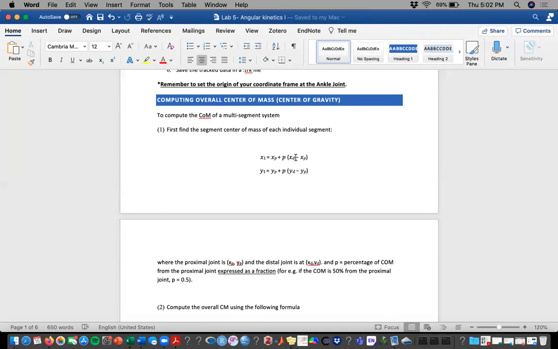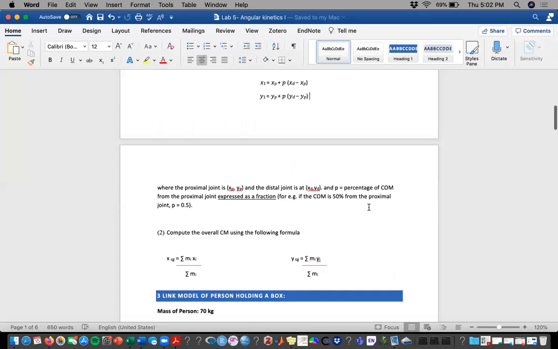So our distal, again, in the event of the leg and foot segment, is going to be our ankle x coordinate, and then minus xp, which is again the proximal x coordinate, which is our hip in the example of the leg and foot. And then we'll do the same thing for the y, where again p is proximal and d is distal, and then this large P here is that percentage expressed as a fraction.